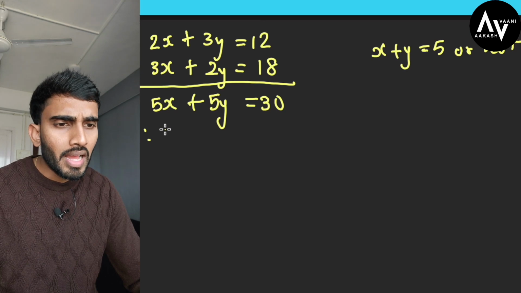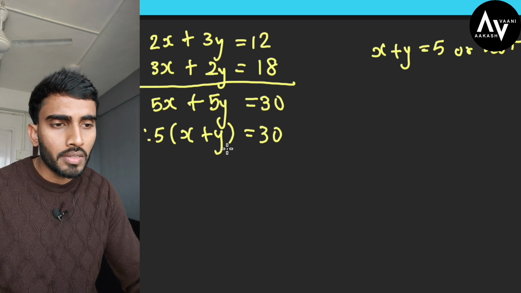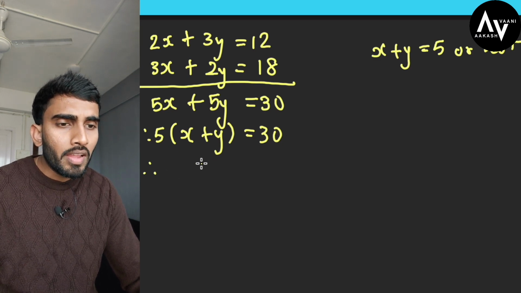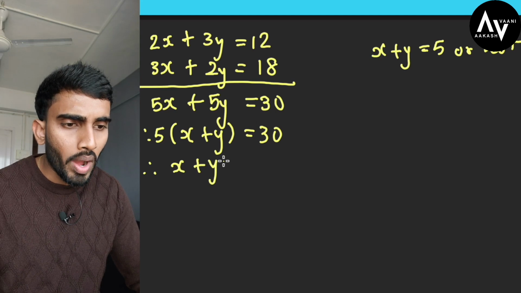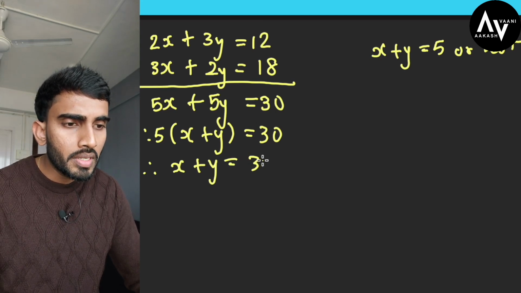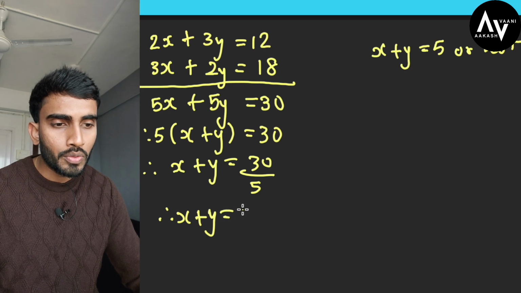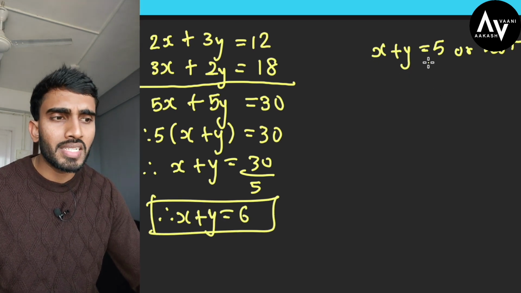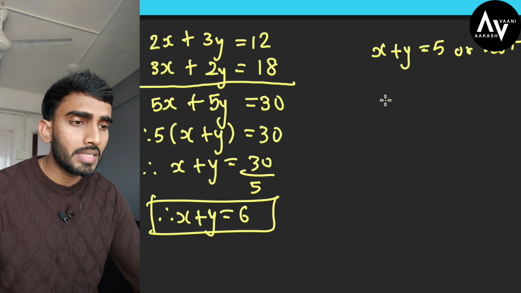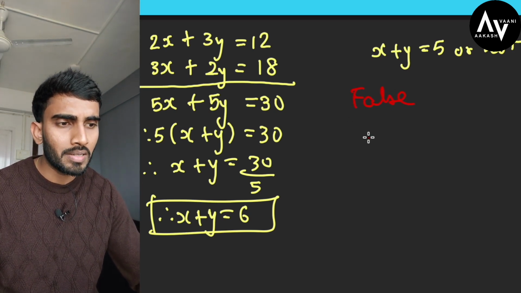On the left hand side, I will take 5 common. So in brackets, I will have x plus y is equal to 30 on this side. This 5 will go to the other side and divide the 30, so we have x plus y is equal to 30 by 5, and that gives the answer x plus y is equal to 6. But the question says it is equal to 5. That means it is a false statement.